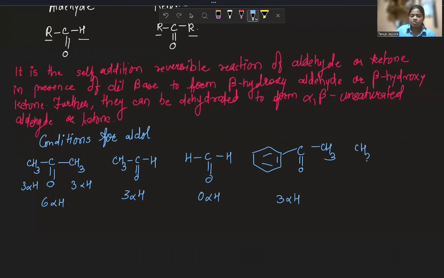Another example is butanone, where we have 2 alpha carbons and in total 5 alpha hydrogen. Then cyclohexanone, where we have 2 alpha carbon and 4 alpha hydrogen.